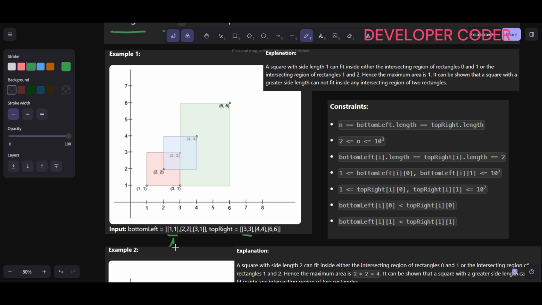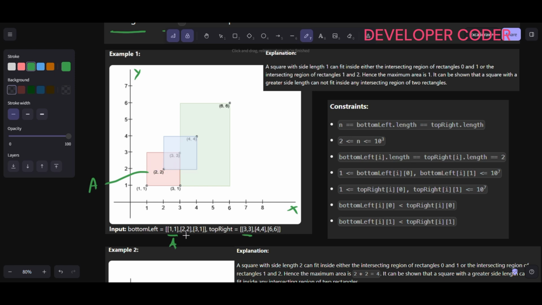So let's say this is square A. So for square A we have bottom left values of a and b, or you can say coordinates x and y is 1 comma 1 and top right are 3 comma 3, this red colored square box.